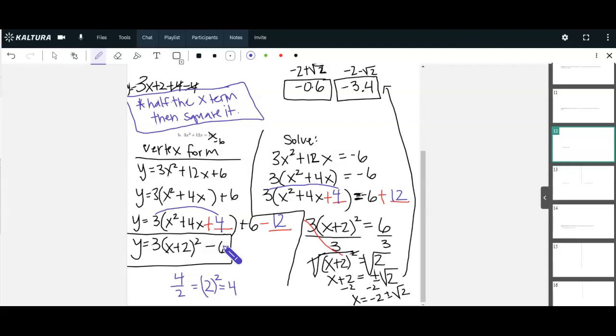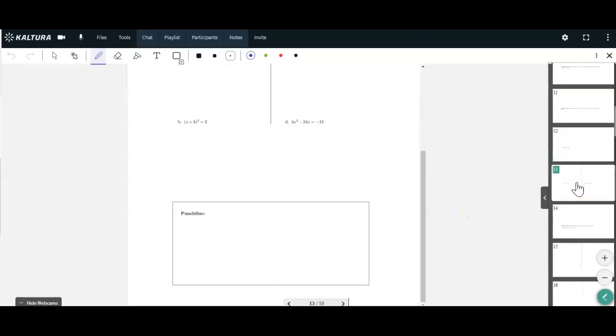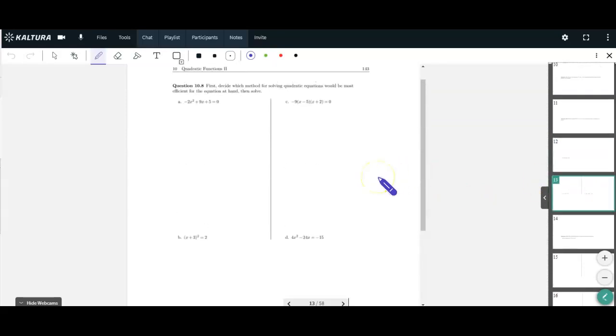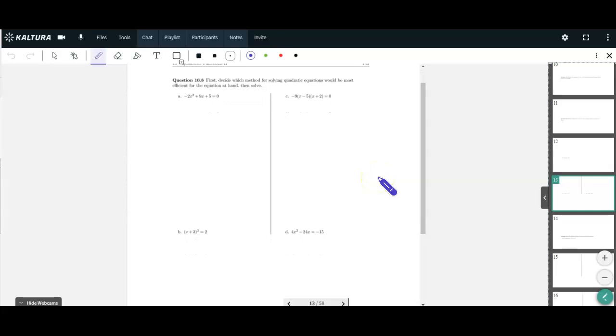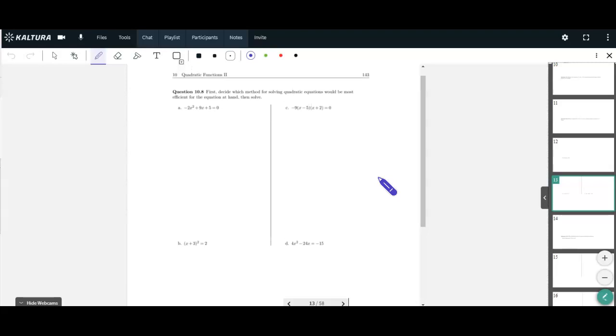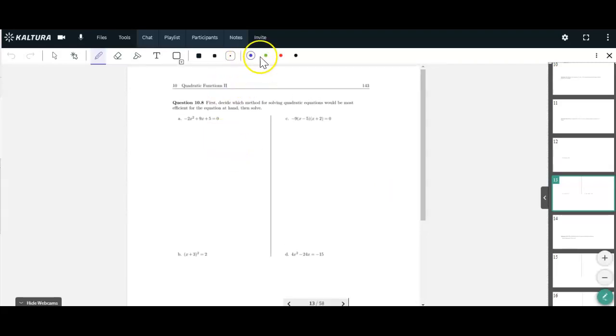All right, well, turn the page and I want to look at the next thing that we have here. So we have these 4 different questions. And so we've talked about some different ways that we can solve quadratics so far. So I'm going to put those up here.